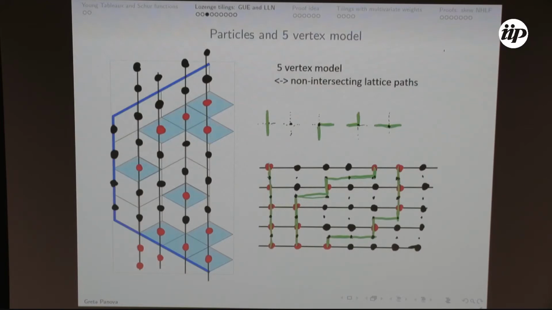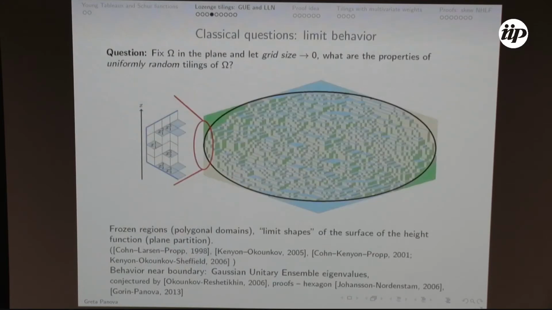Okay, so now what are questions related to lozenge tilings from a probabilistic and even physics point of view? One can study the limit behavior of lozenge tilings.